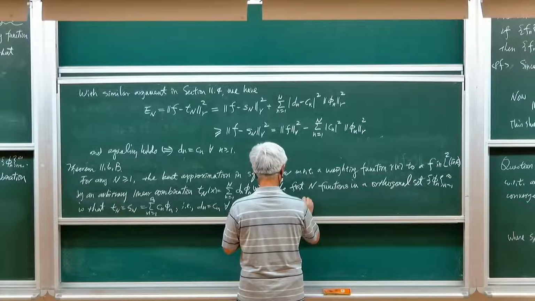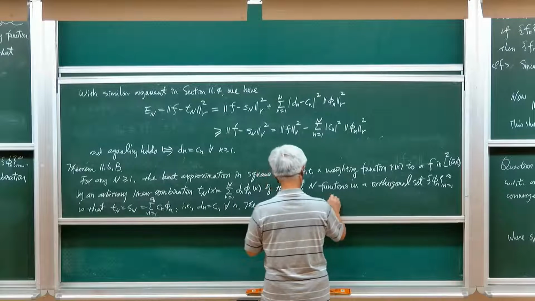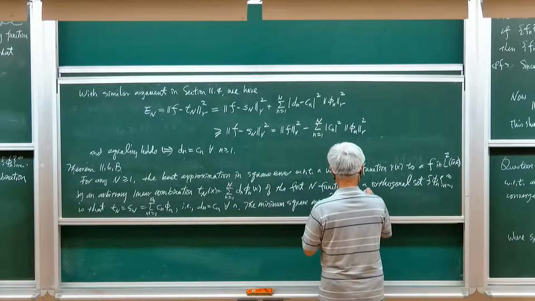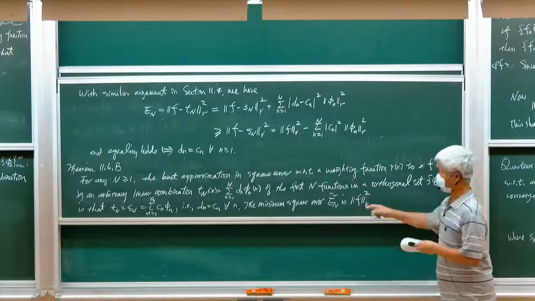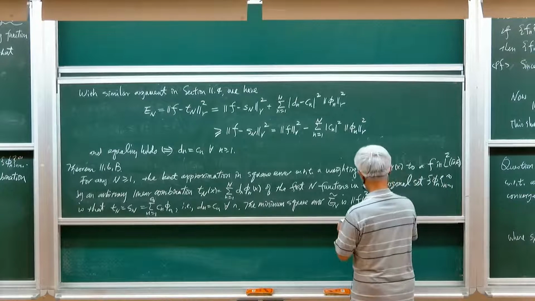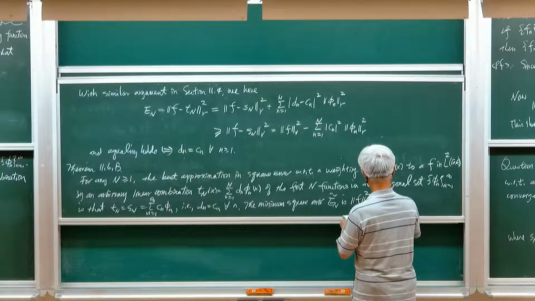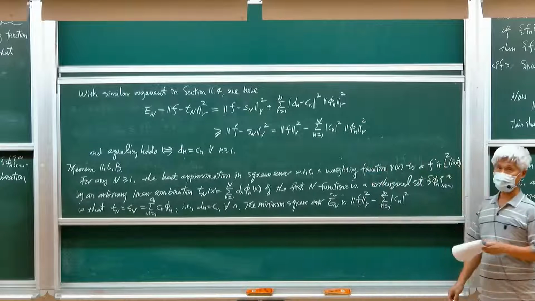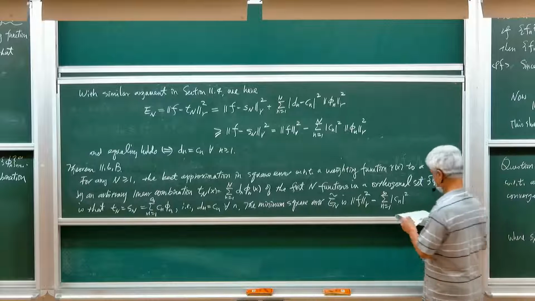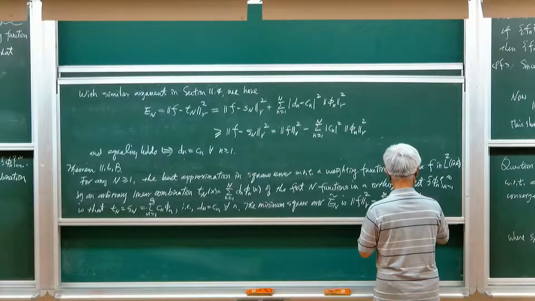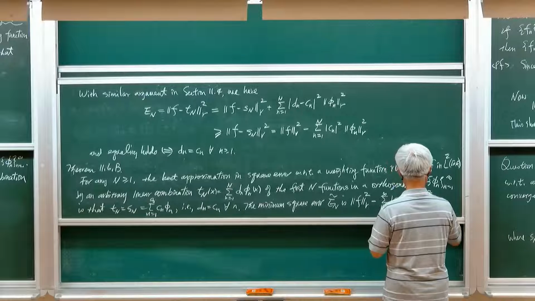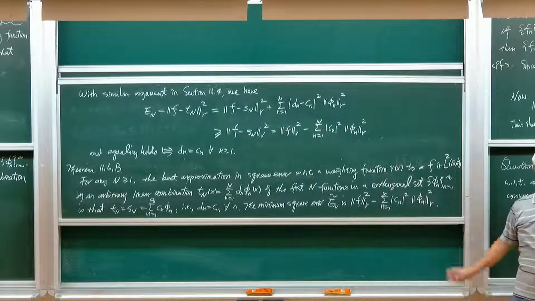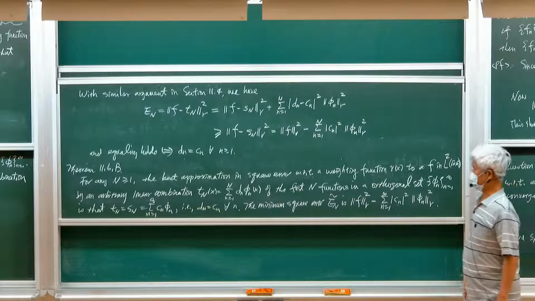And the minimum square error En tilde is just the square of the length of f with respect to the weighting function minus a sum, which is the sum of the squares of the Fourier coefficients multiplied with the square of the length of phi n. Okay, so this is the best approximation we can have.